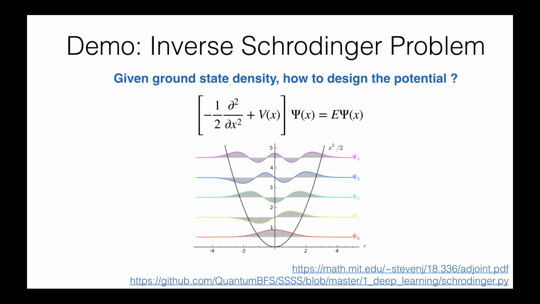Then we have all the ingredients for machine learning, and we can just run that program, use the machine learning library and train, so-called train, that density. You see, as it runs, the density approaches the one we wanted. And in the end, I got this quite weird potential in the gray line.